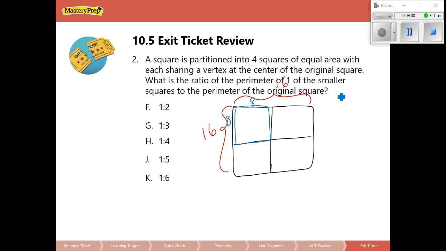Because we could look at area, because we would talk about it being 16 squared, which would be 256. If we divide it by 4, talking about the 4 shapes, we would have 64. Square root it would give us 8. So each one of these would have a distance of 8.